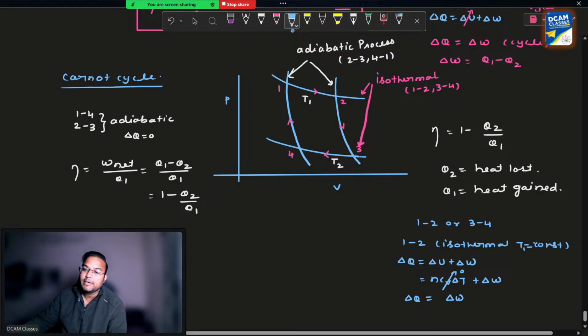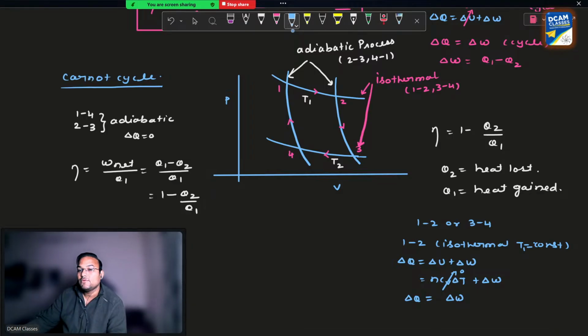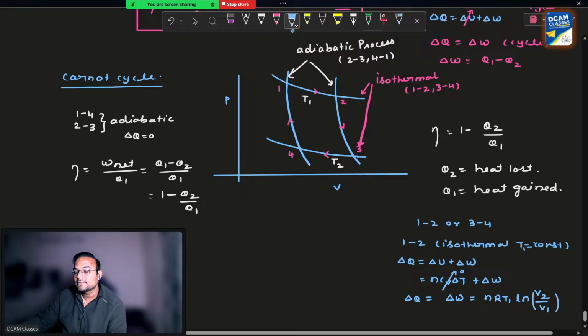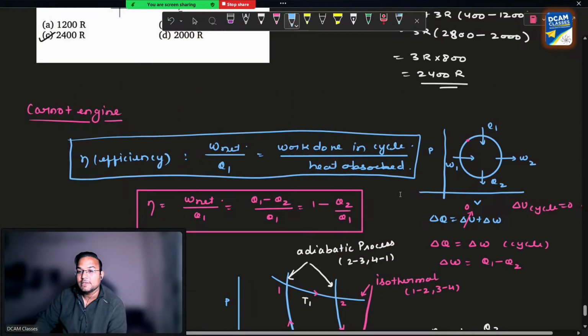Do you remember what's the value of the work done in an isothermal process? It's nRT ln V2 by V1. No? You remember? Sir, not exactly, but I guess it's nRT.